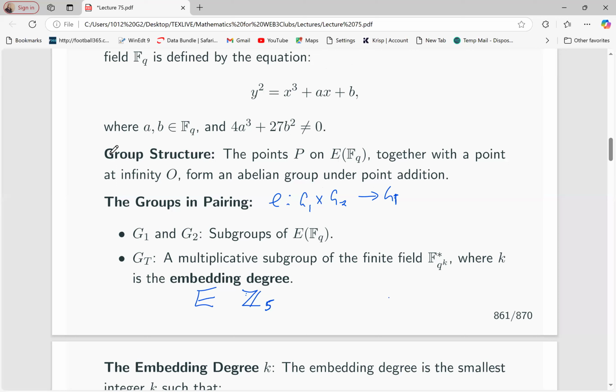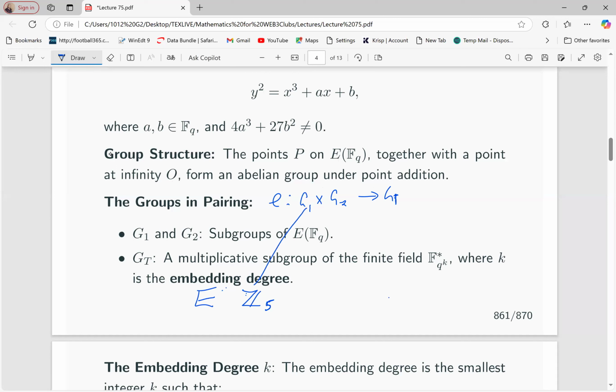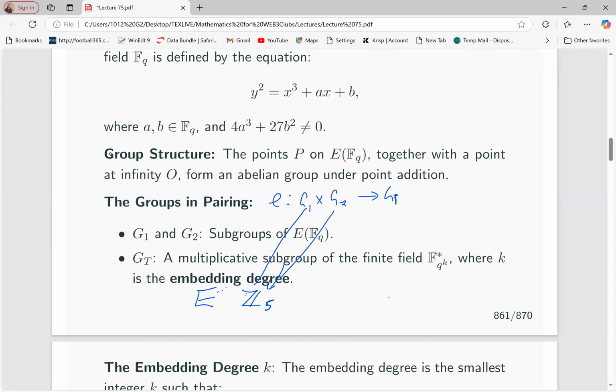Now, G1 comes from this E mod 5, and G2 is another subgroup coming from the same E mod 5. And then, what about this? This is a multiplicative group.